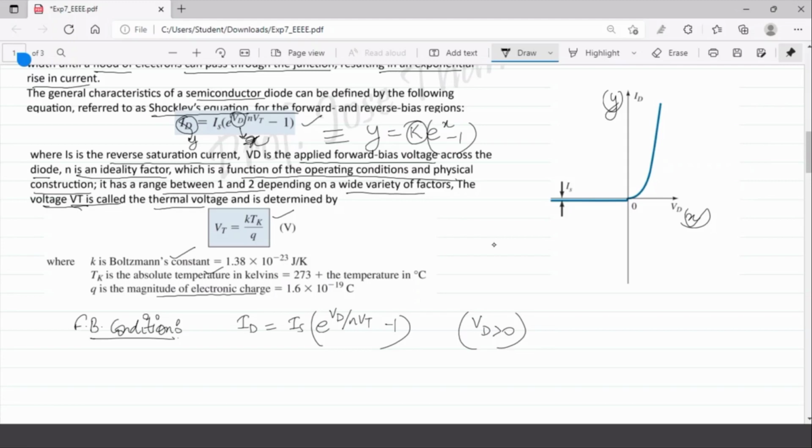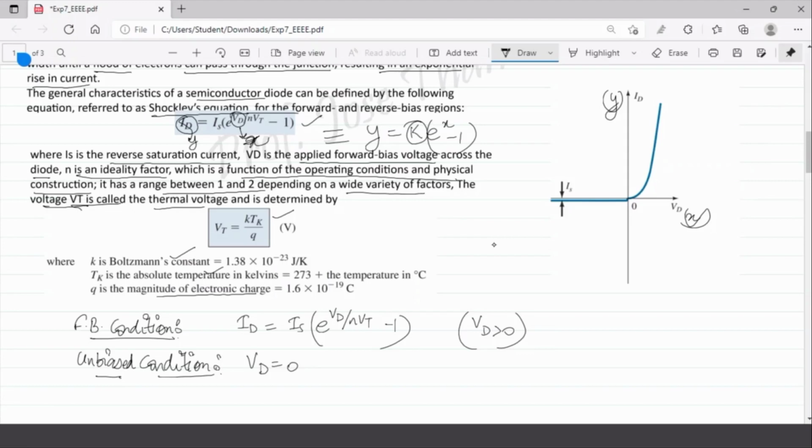Now what happens for unbiased condition? For an unbiased condition, we know that the voltage across the diode is 0. We have not excited it, we have not provided it any voltage. So Vd is equal to 0.